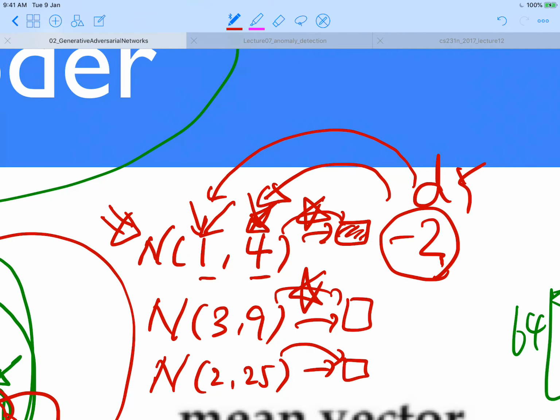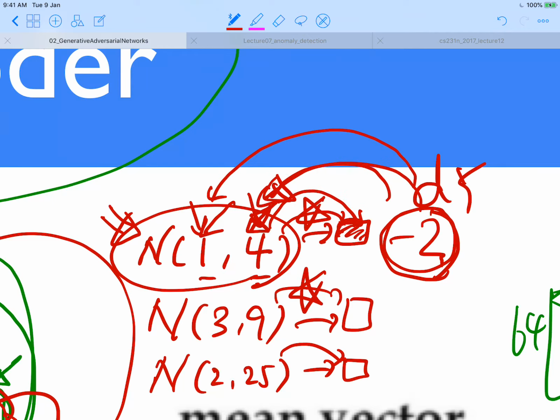We cannot, because from here we do the random sampling to obtain this, or -2, and we cannot backpropagate this random sampling to obtain the gradient corresponding to these two values, right? Because that is wrapped inside of our probability distribution as their parameter. So they are kept inside of those probability distributions that we sample from.